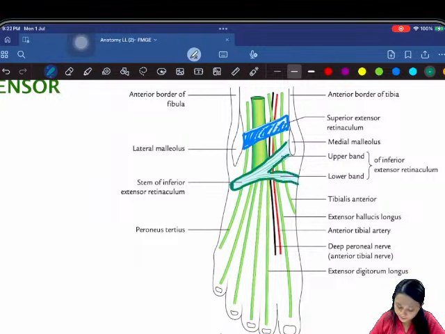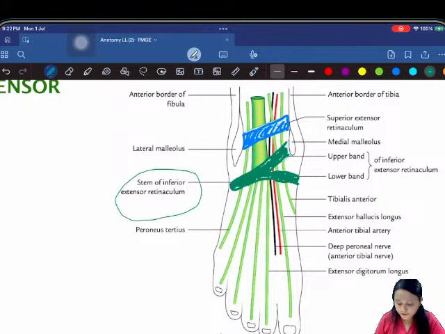You have to remember this. The inferior extensor retinaculum is Y shaped, and the stem of the inferior retinaculum, okay, lies on the lateral aspect. Okay, the other two, the upper band and the lower band of the inferior extensor retinaculum, lie on the medial aspect. So just try to remember the stem of the inferior retinaculum will lie on the lateral aspect.